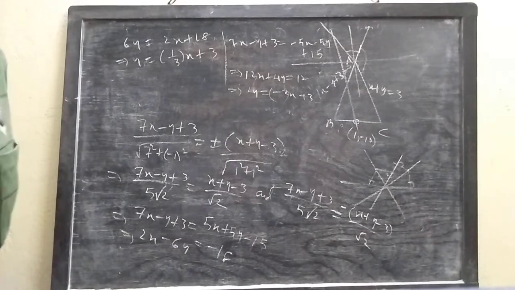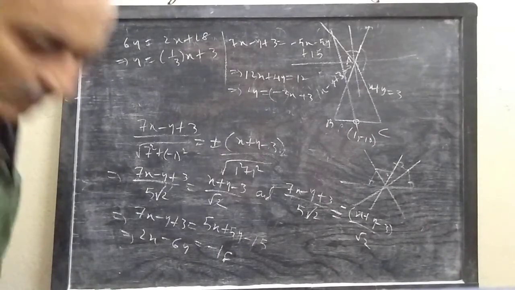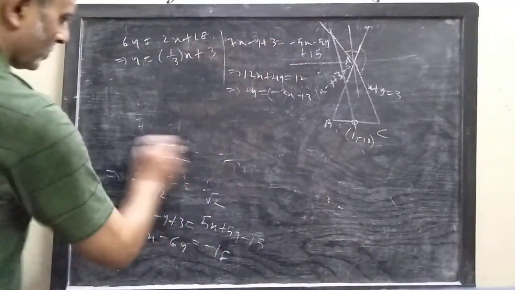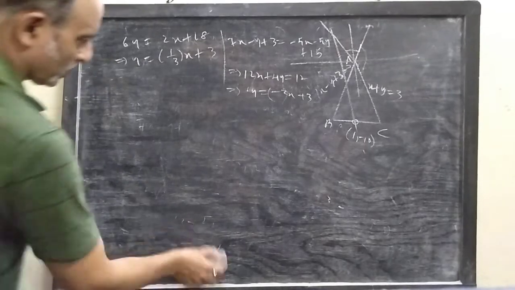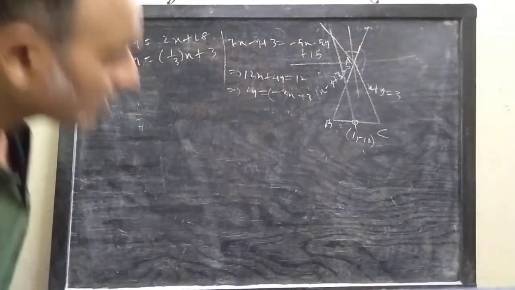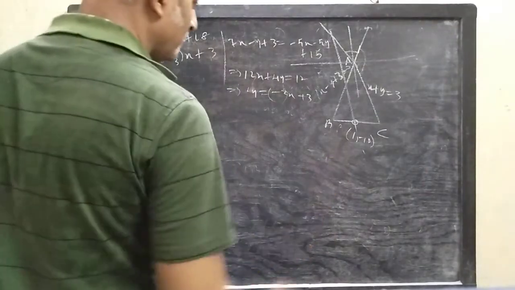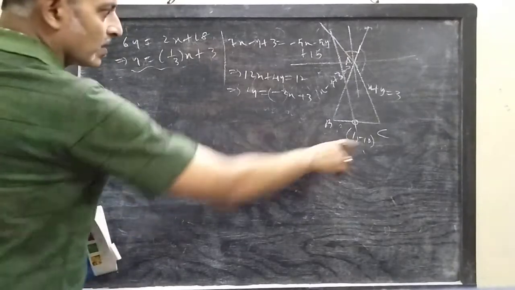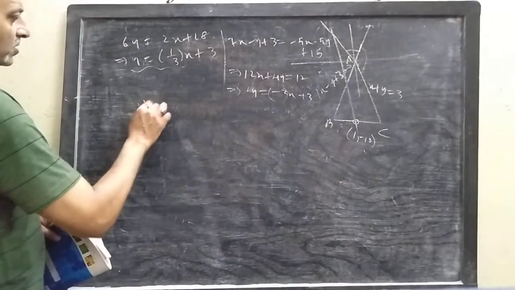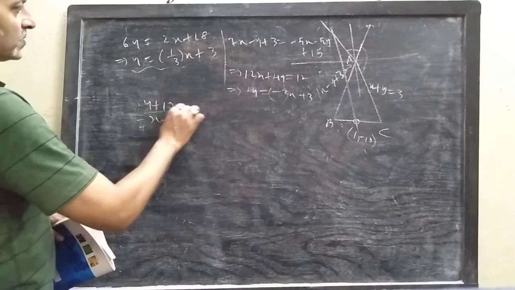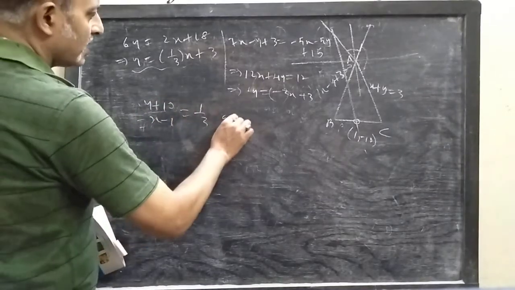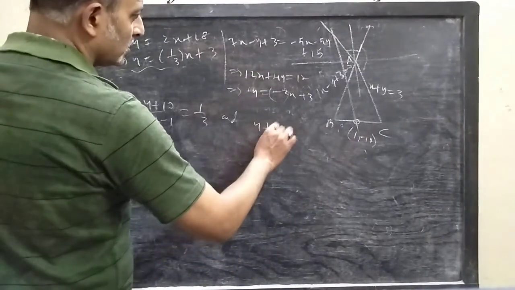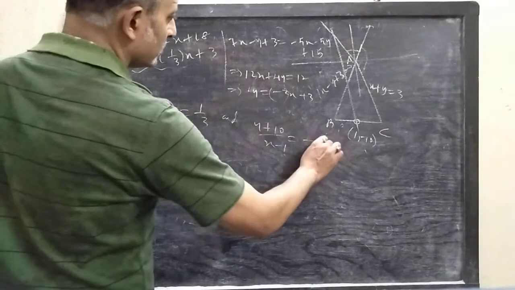Now, when the third side BC is parallel to this bisector, then its equation, since it passes through (1, -10), will be (y plus 10) by (x minus 1) equals 1 by 3, and when the third side BC is parallel to the other bisector, then its equation will be (y plus 10) by (x minus 1) equals minus 3.